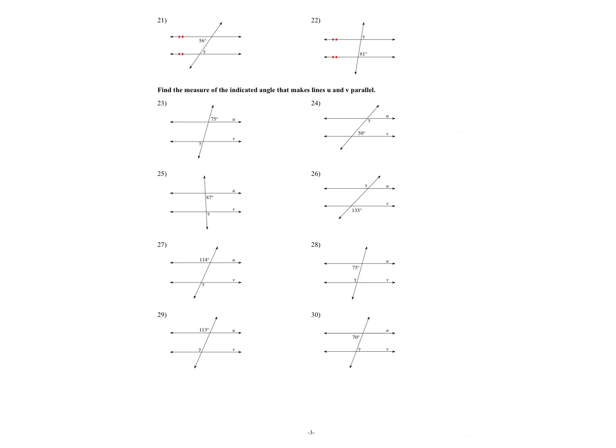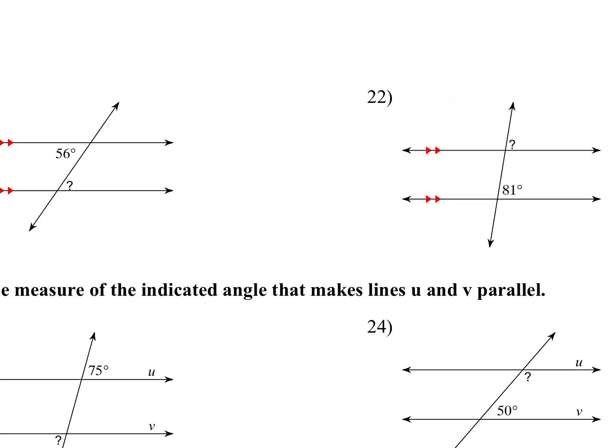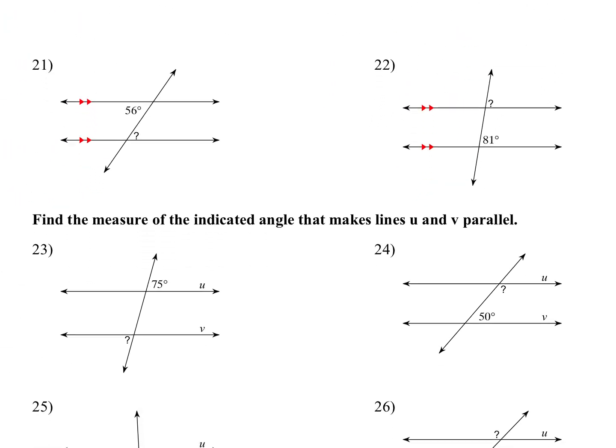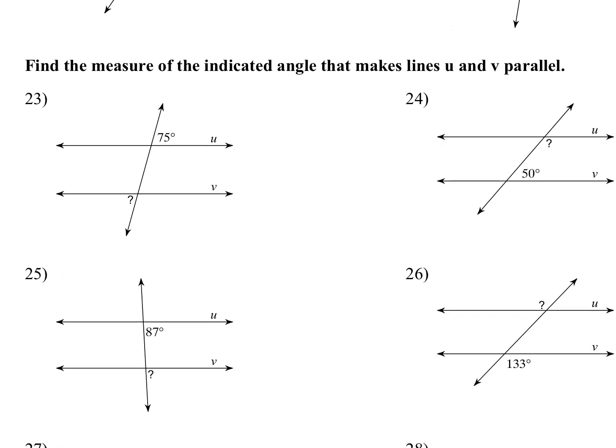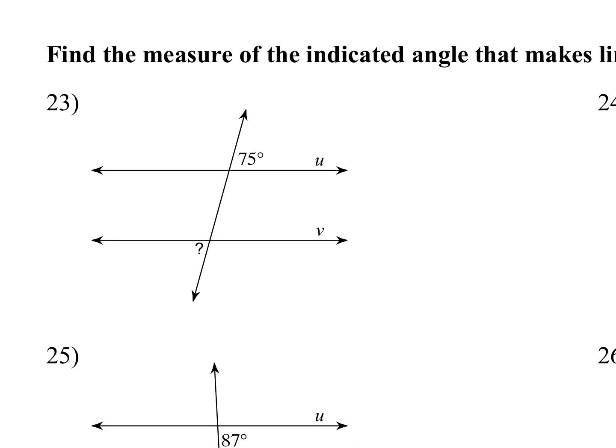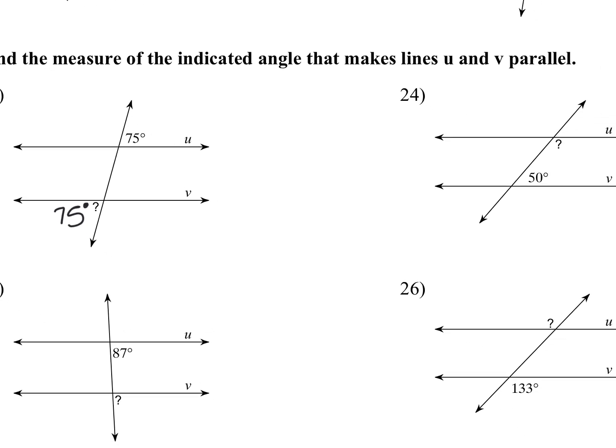All right, next. The rest of them are the same. Let's go to number 23. It says find the measure of the indicated angle that makes lines U and V parallel. So now the directions are telling me that they're parallel. What would my answer be for my question mark? 75 degrees.